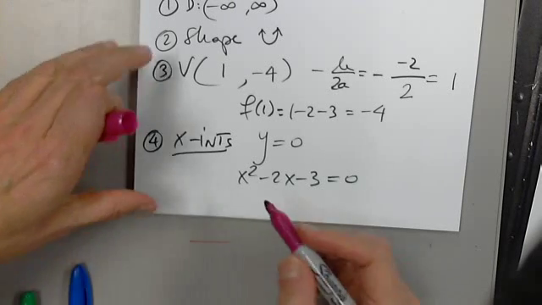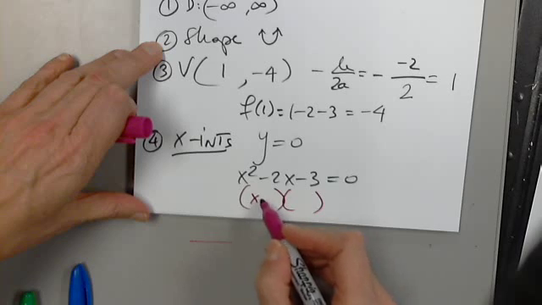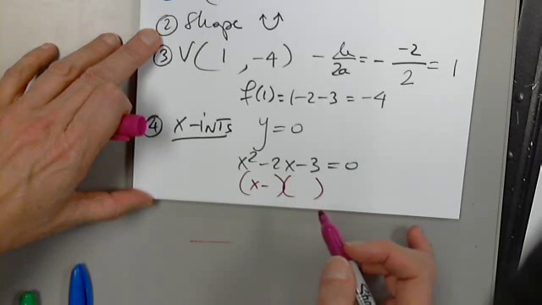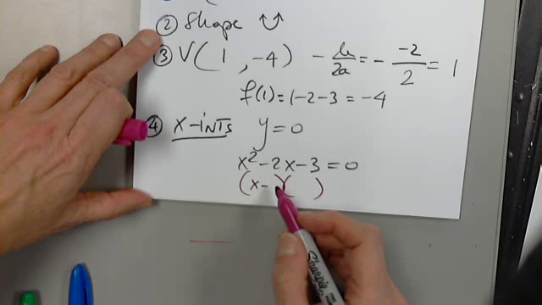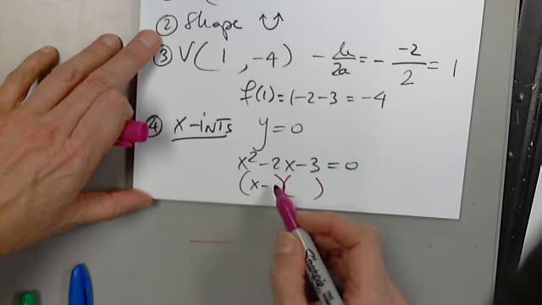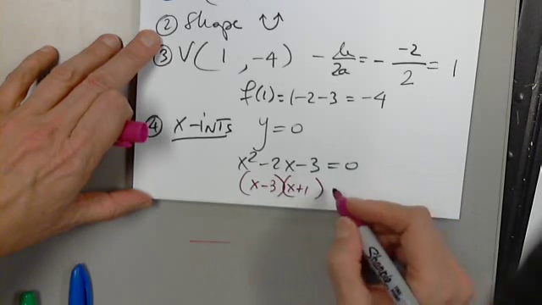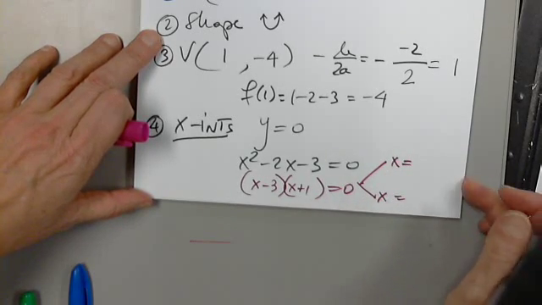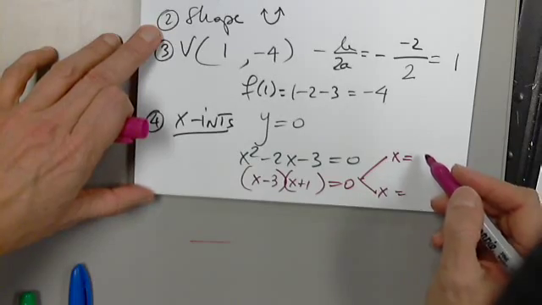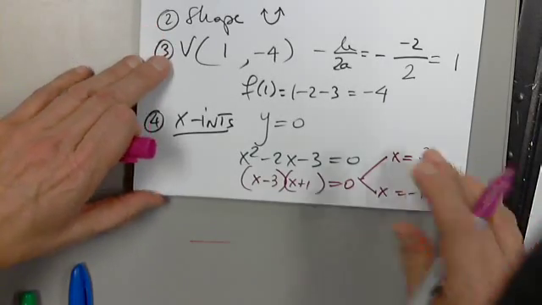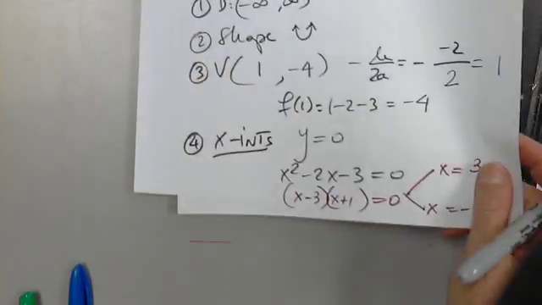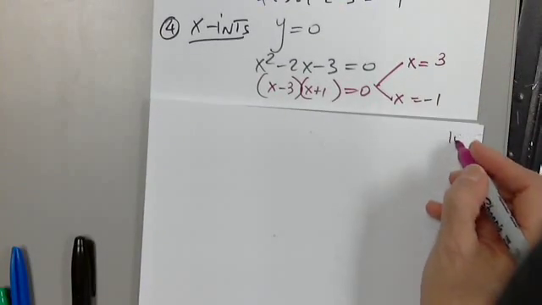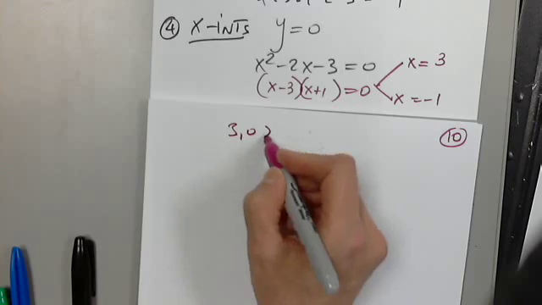Can I factor? (x minus 3)(x plus 1). Very good. So we have 2 options for x. x equals, very good, 3 and negative 1. So then we have two ordered pairs that represent the x-intercepts. (3, 0) and (-1, 0). Very good.